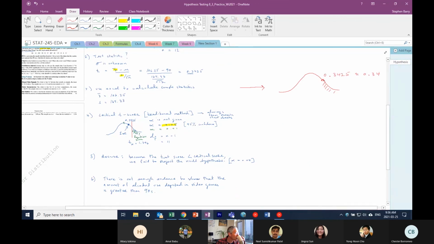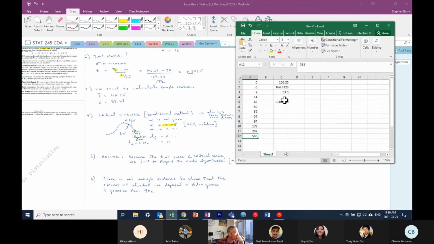But again, the p-value method says, what is the area here? And we can just use the t-score function of Excel to do that. So I can show you that here, right? So let's go, what happens if I go this one? Returns the right-tailed. This sounds about right. Okay, let's try this out. Let's say I have a value of 0.34. That should be good enough. And then degrees of freedom, that was 11.